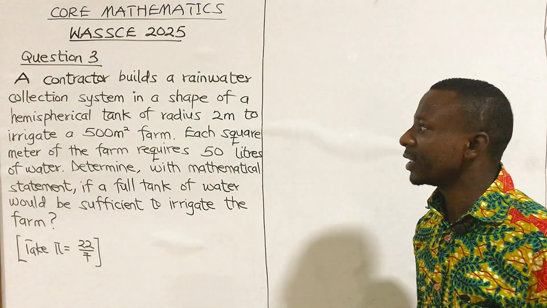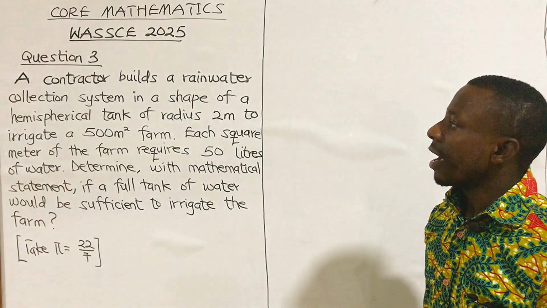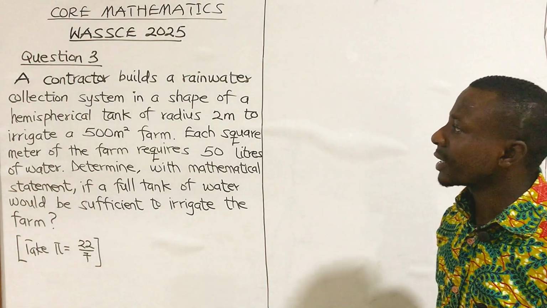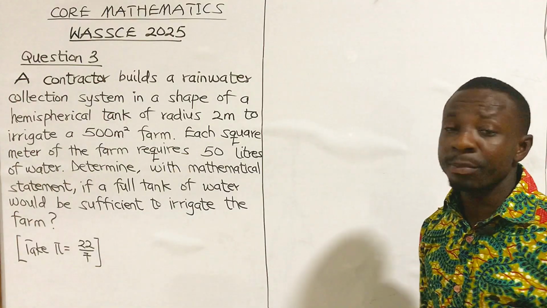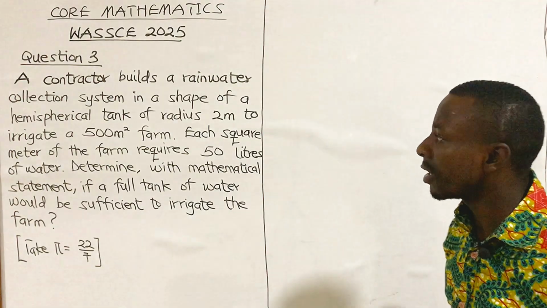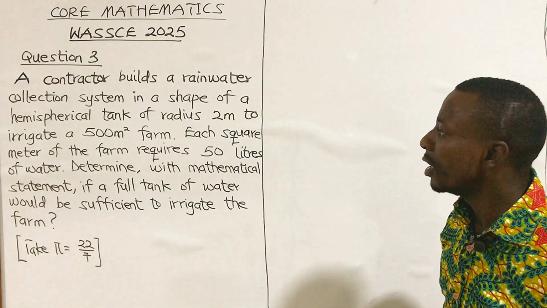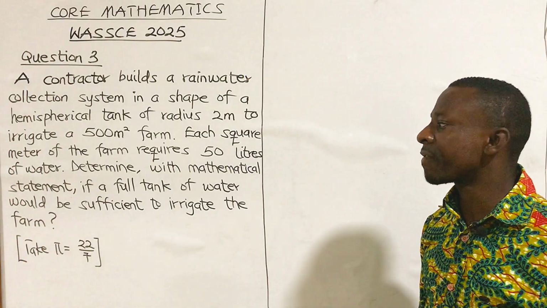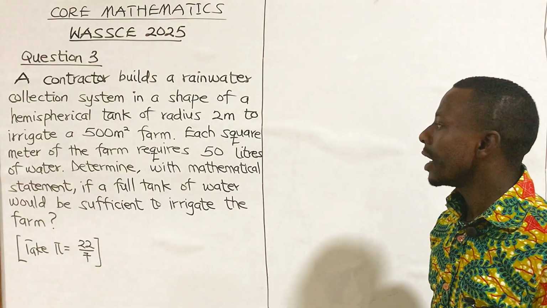This is WASSCE 2025, question 3, and I read: a contractor built a rainwater collection system in the shape of a hemispherical tank of radius 2 meters to irrigate a 500 meter squared farm.